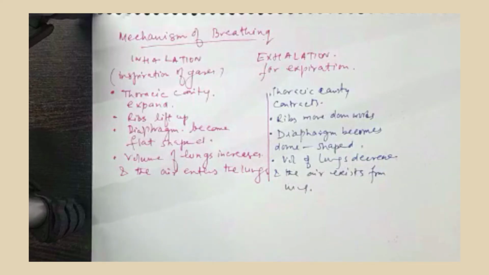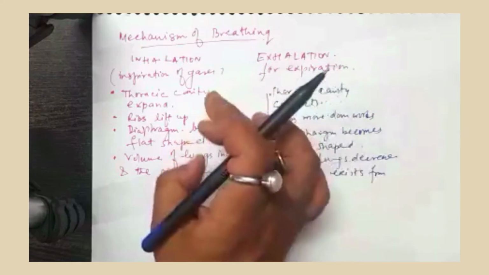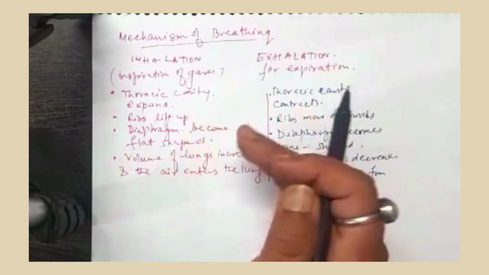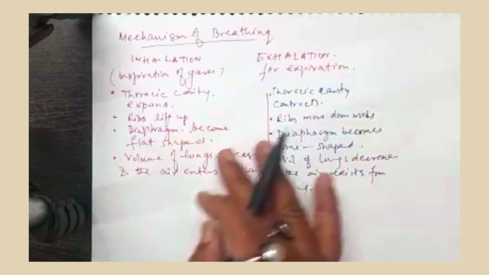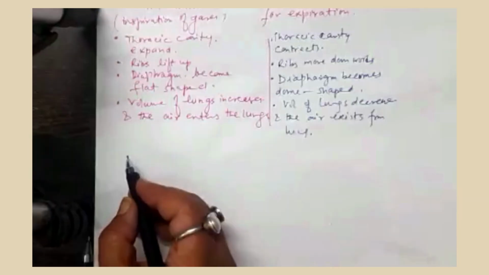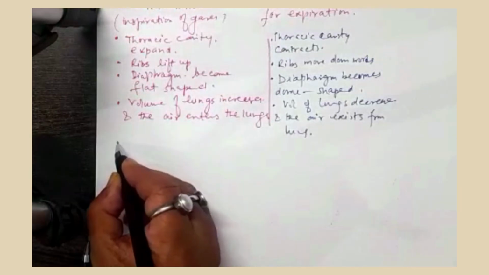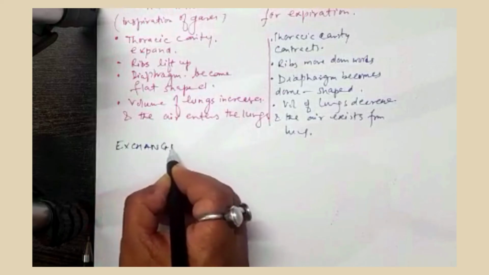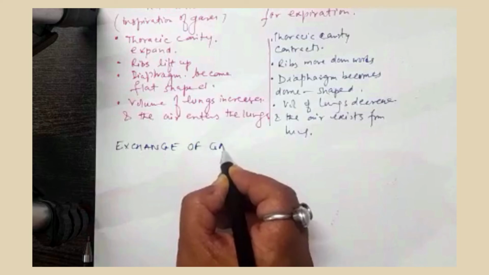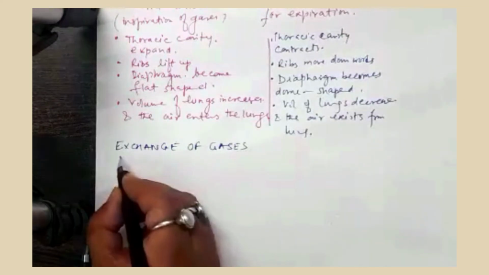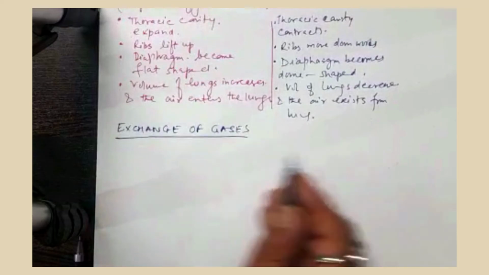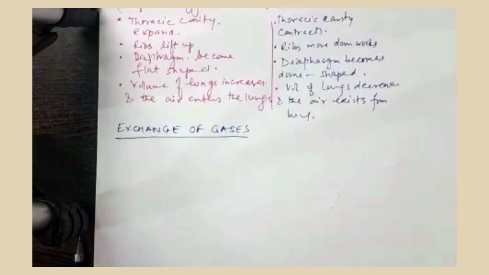तो क्या हुआ? इनहेलेशन में thoracic cavity expand हुई, ribs थोड़ी बाहर की तरफ आई, diaphragm flat हो गया, और जो volume है. Now let's understand how the exchange of gases takes place inside organisms, high organisms especially.